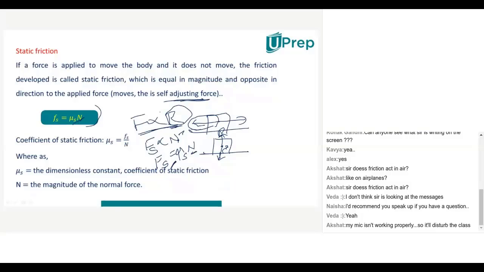Sir, may I? Sir, may I? Kirtana. One minute, Ronak, one minute. Kirtana, yes, sir. Tell me why no unit?